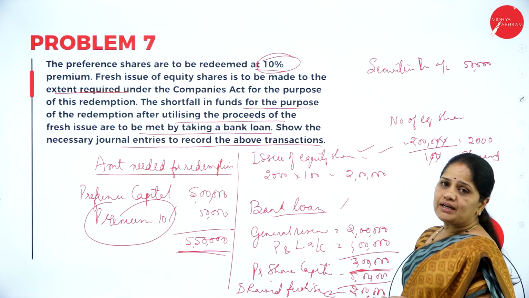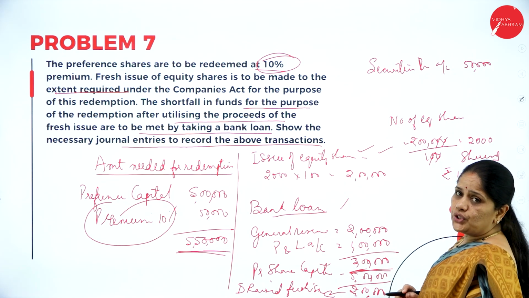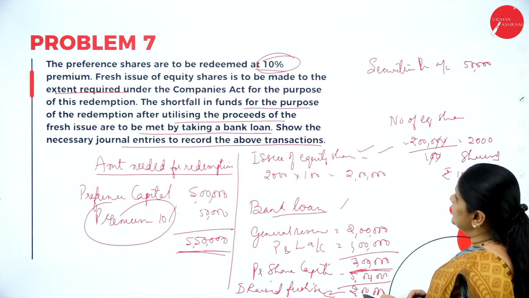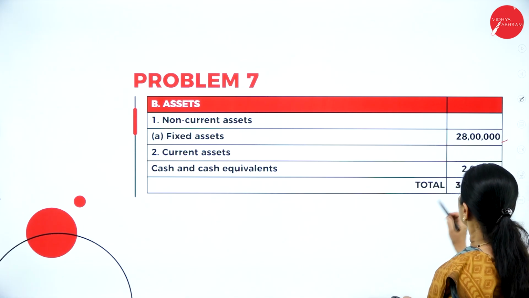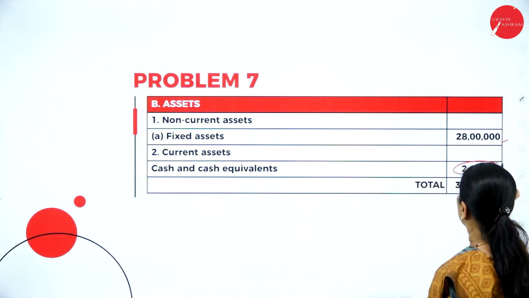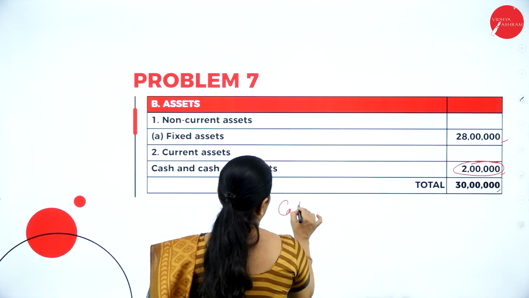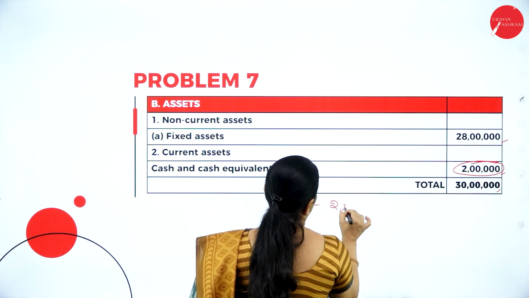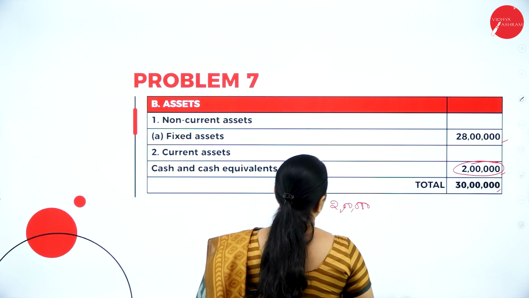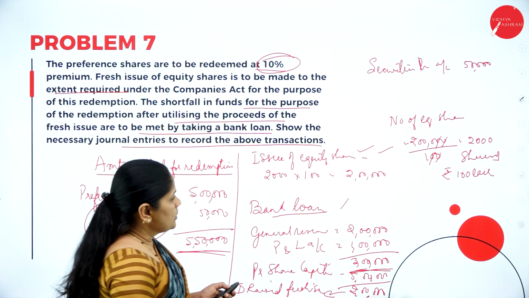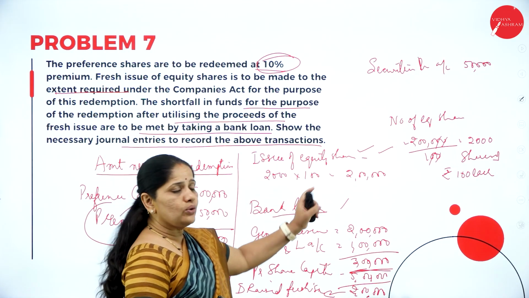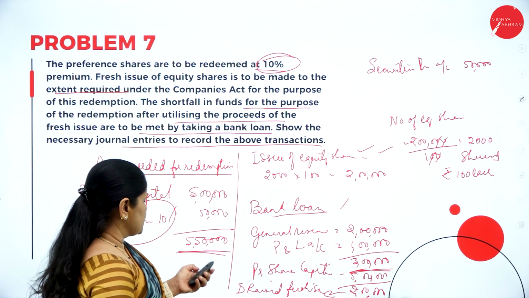Now, the next thing is the bank loan. How much bank loan we need, that we have to decide. For that we have to refer to the balance sheet. The cash balance given in the balance sheet is 2 lakhs. Out of this, we are raising 2 lakhs from the issue of equity shares.